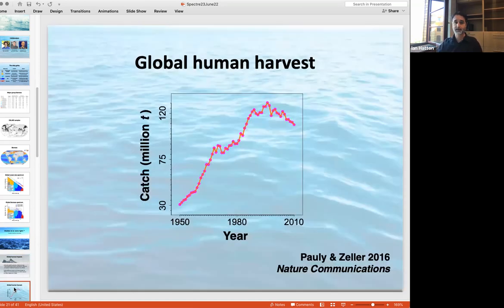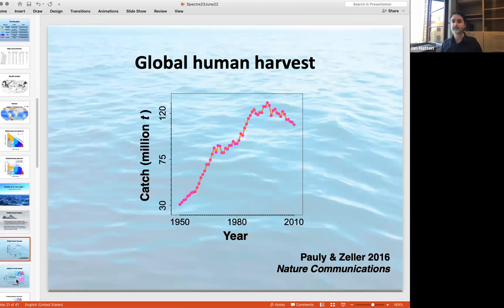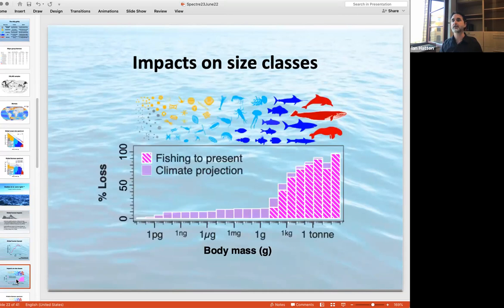So we know that there's been a ton of fishing, maybe a 4-fold increase in fishing over the past 70 years, but most of that has been on the very large size classes. As you can see, anything above 10 grams has been really hard hit. And that progresses to larger sizes.